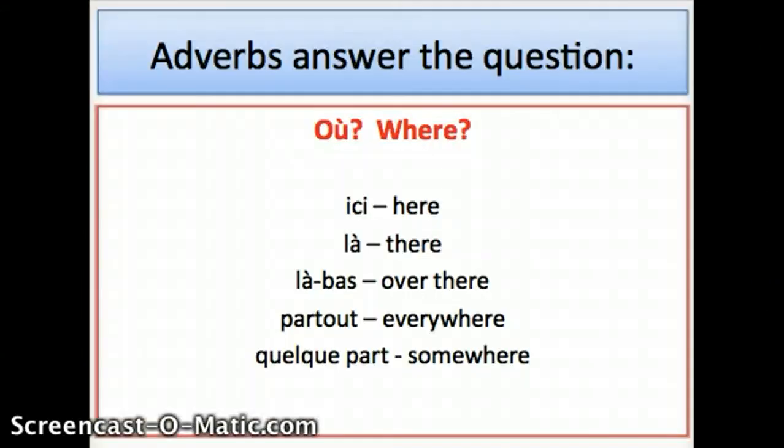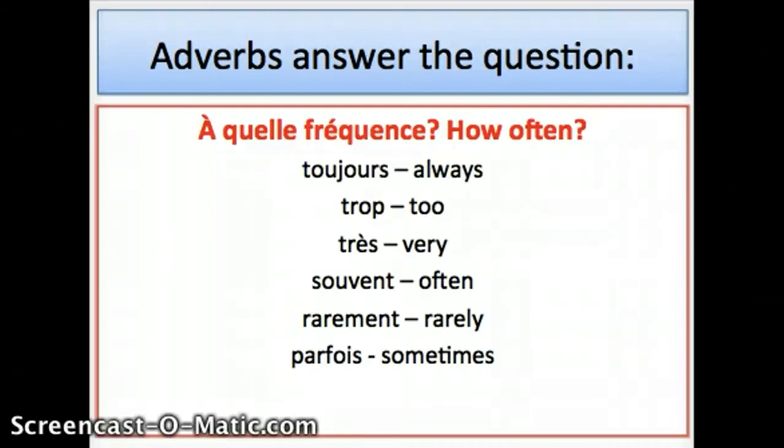Now, let's look at some other kinds of adverbs. Adverbs can also answer the question où, which means where. Ici, here, là, there, là-bas, over there, partout, everywhere, quelque part, somewhere. Adverbs also answer the question à quelle fréquence, which means how often.